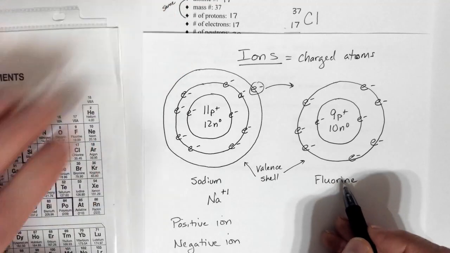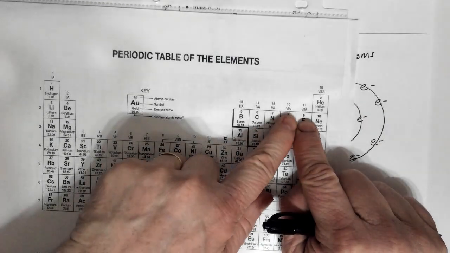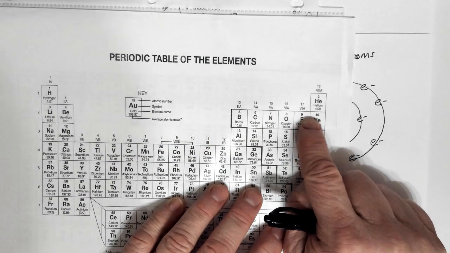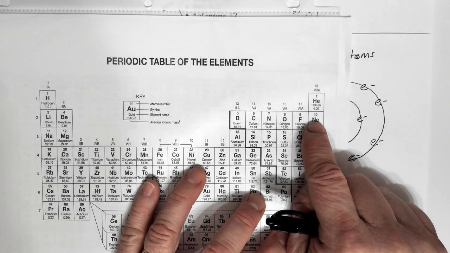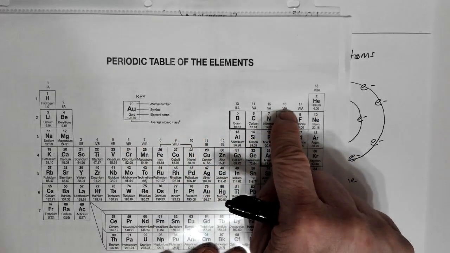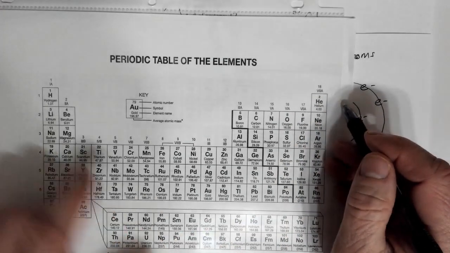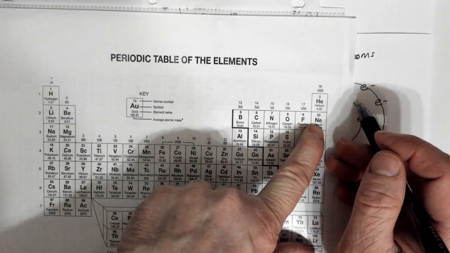Well, fluorine is just the opposite a little bit. It has 9 electrons. If it could get 10 by gaining an electron, then it could act like neon. And so fluorine is a taker of electrons from other elements, trying to be like a noble gas. And so it wants 8 in its outer shell, because 1, 2, 3, 4, 5, 6, 7, 8 would make it feel like neon.